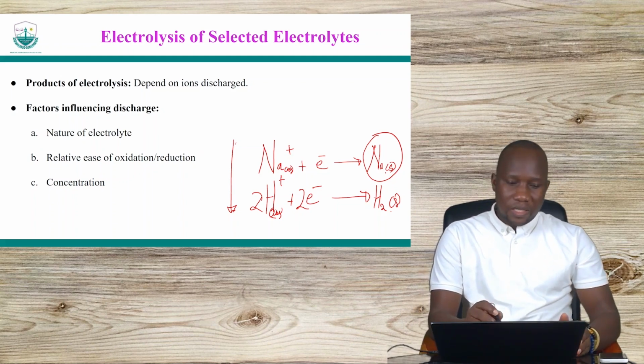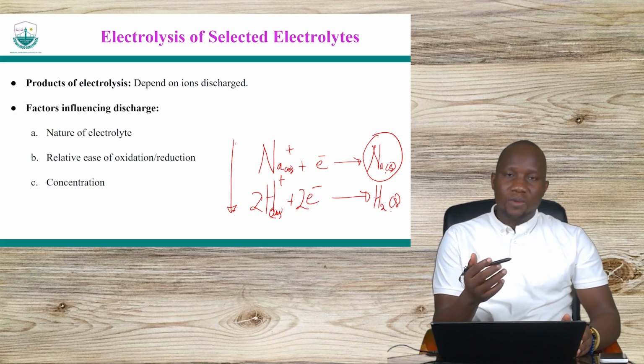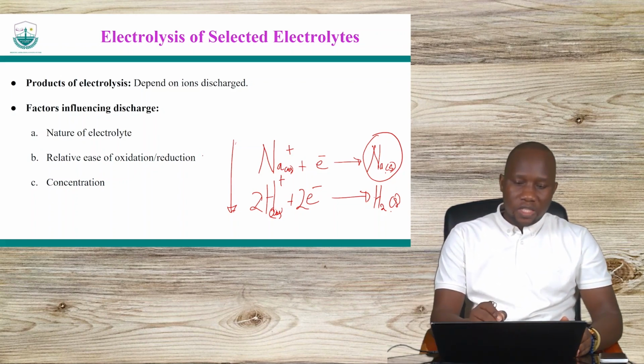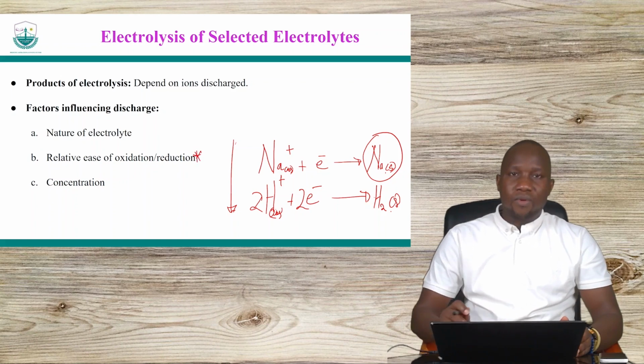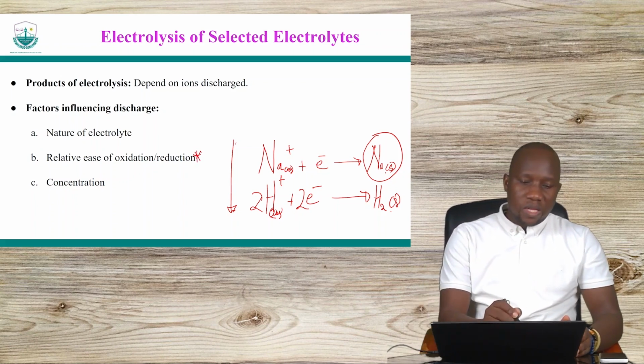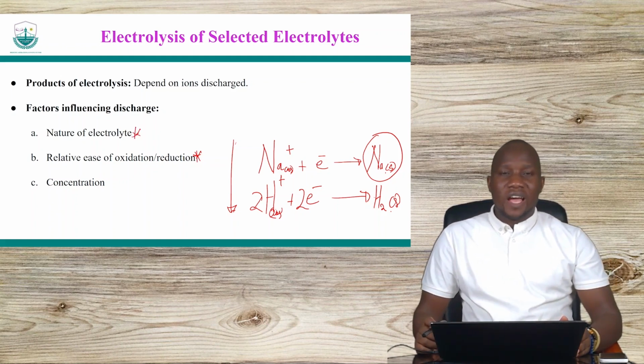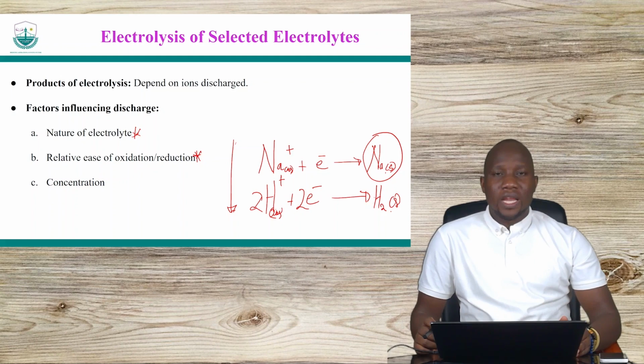That therefore means that for us to be able to know what is discharged, apart from knowing the electrochemical series, which is under this point here, we also need to know the nature of the electrolyte that we are having, because the electrolyte will tell us the nature of ions that we find in that electrolyte.